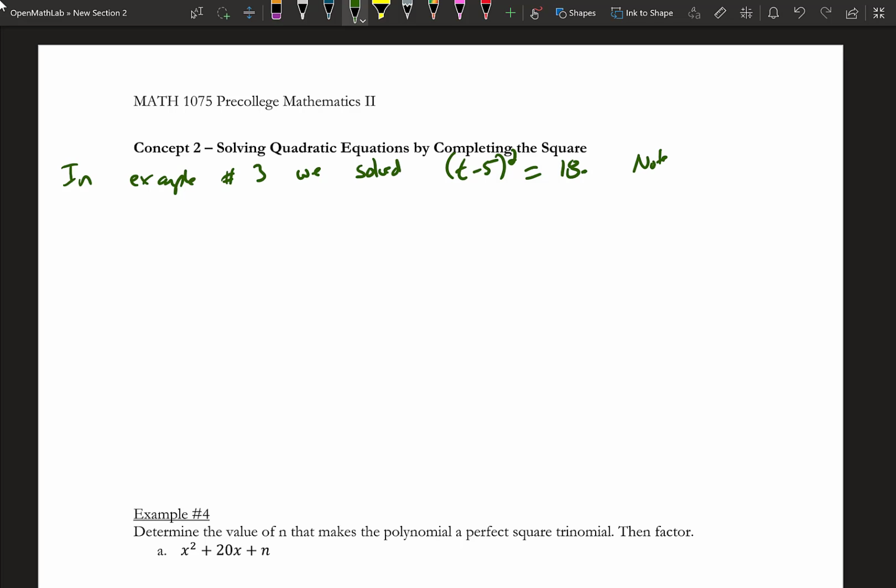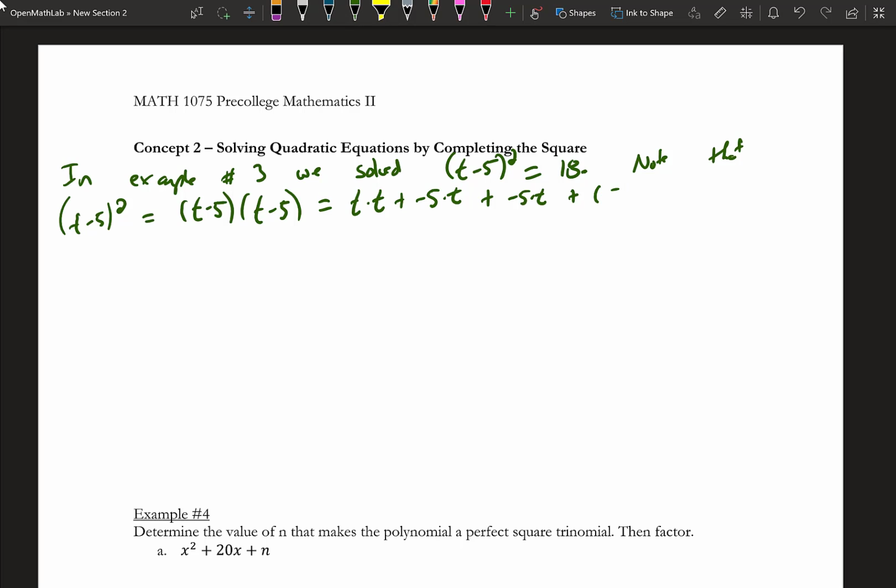So note that t minus 5 quantity squared is equal to t minus 5 times t minus 5, which if we FOIL this, we get t times t plus negative 5 times t plus negative 5 times t plus negative 5 times negative 5, which simplifies to be t squared minus 10t plus 25.